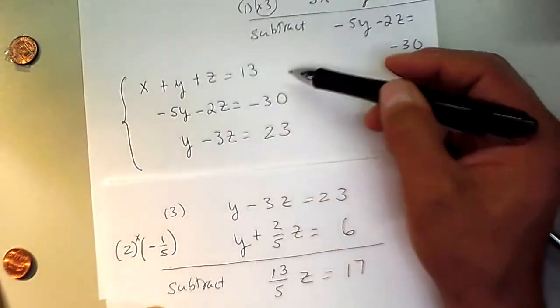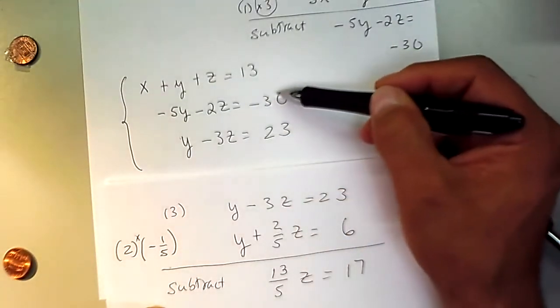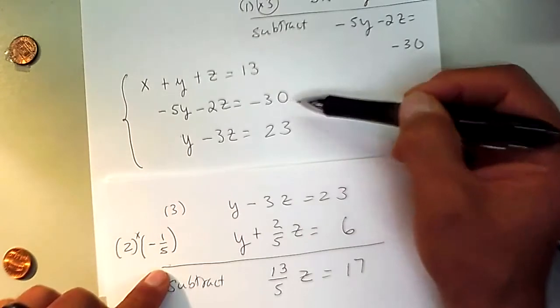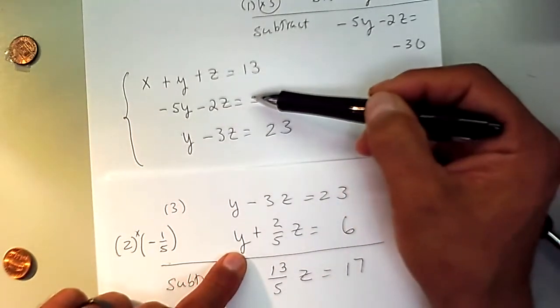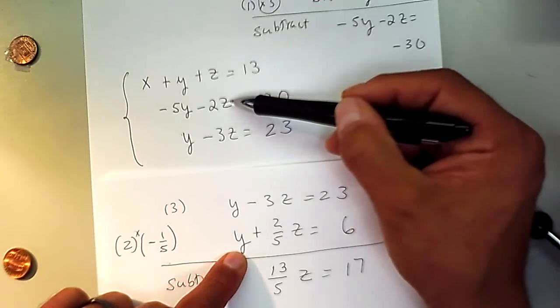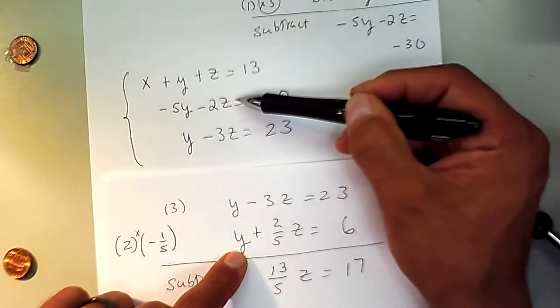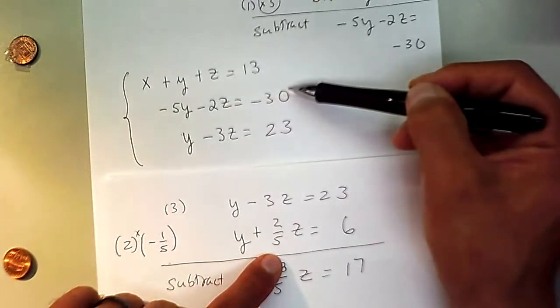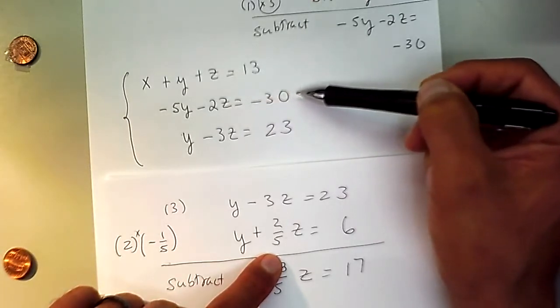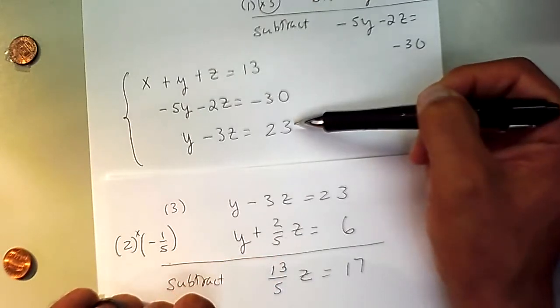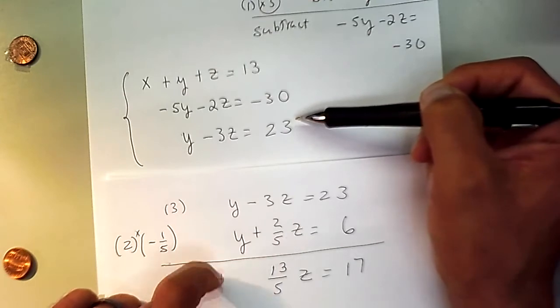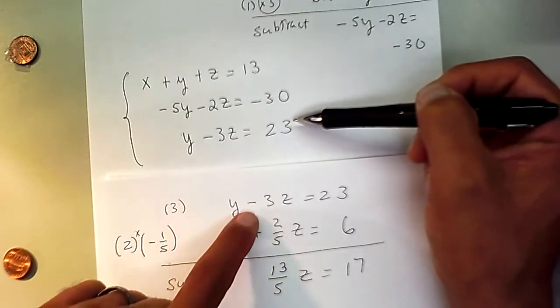Let me double check something real quick here. We subtract with a negative, so we end up with positive 1. And then 2/5, that is correct. And then 1/5 of 30 is 6, positive. And we're subtracting this minus this.